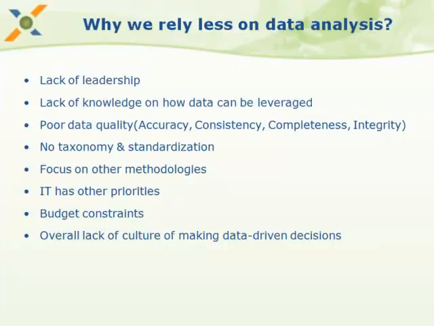And a lot of times companies have other priorities, other methodologies they are engaged in, and budget issues. Overall, that leads them to rely more on people's experience and use data only as and when it's convenient. They don't rely on the data alone, so culture is another issue, as I said earlier.